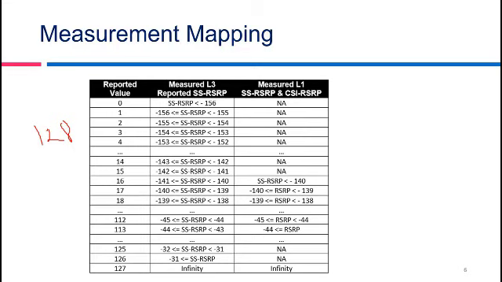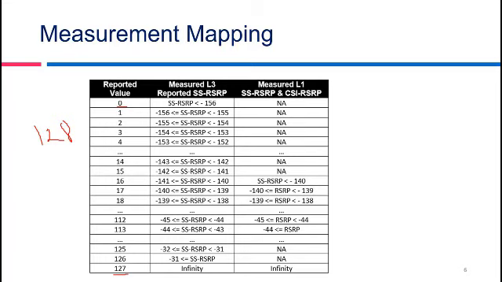The minimum reported value is 0 and the maximum reported value is 127. When we see a reported value of 0, it means the layer 3 SS-RSRP is less than minus 156 dBm.